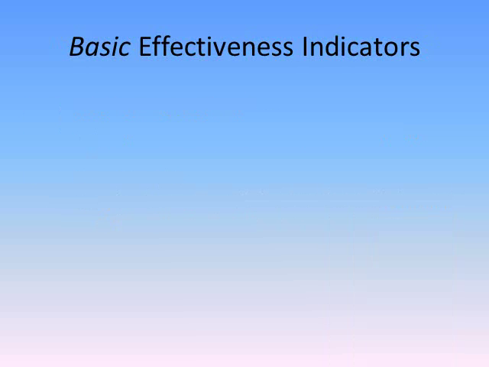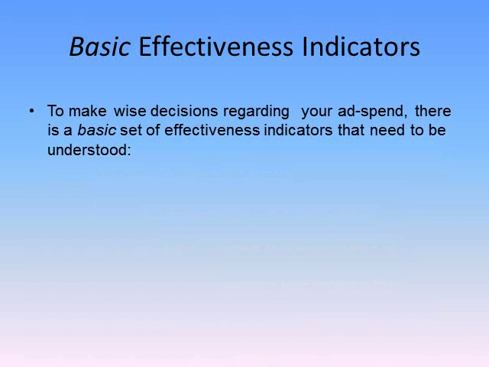Well, what kind of effectiveness indicators are associated with ads? What kind of information do we want to know to be able to say whether ads are effective? Now, to make wise decisions regarding your ad spend, there is a basic set of effectiveness indicators that you need to understand.